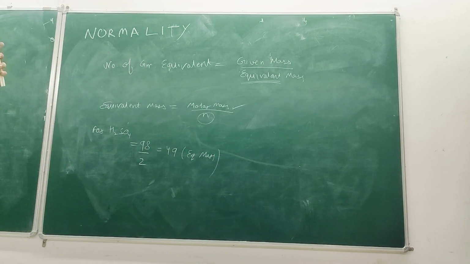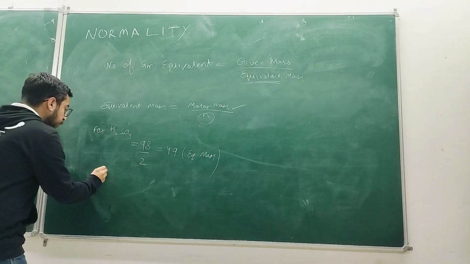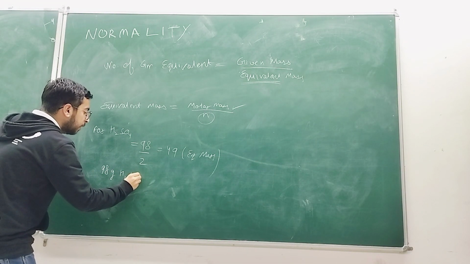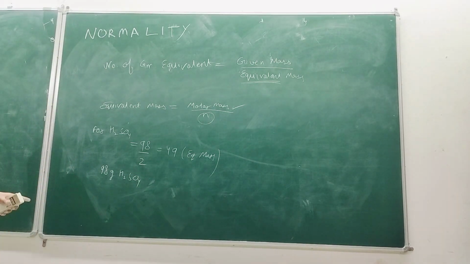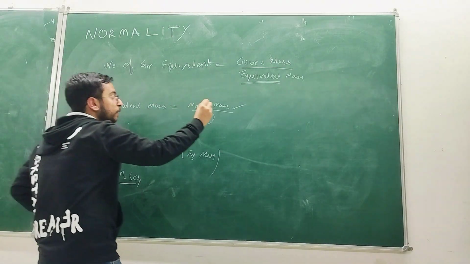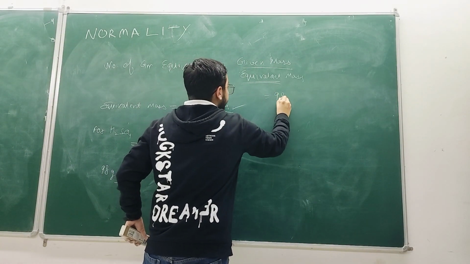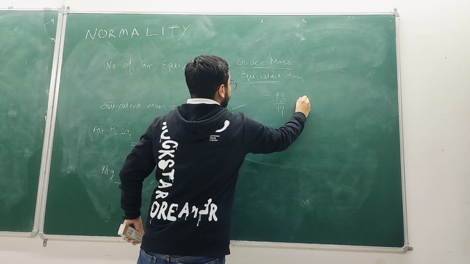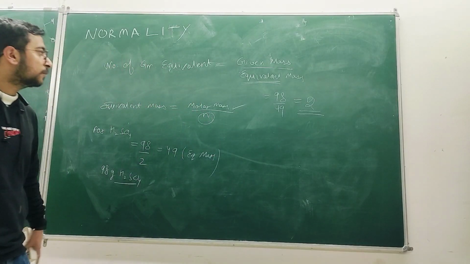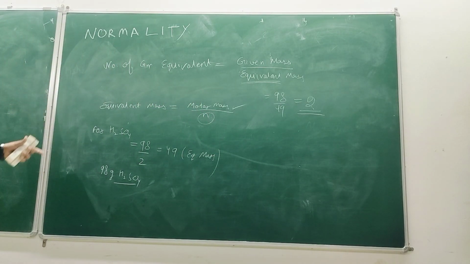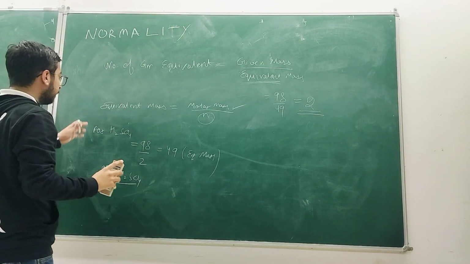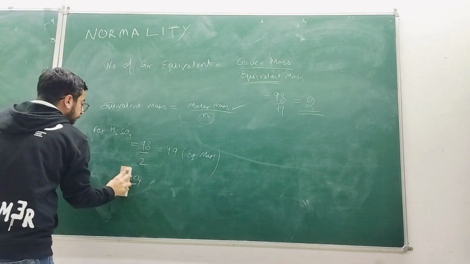Now if I give you 98 gram H2SO4, you have to find number of gram equivalent. It will be given mass 98 divided by equivalent mass 49, so number of gram equivalents will be 2 for 98 gram. Similarly for 49 gram it would be 1. In this way you can find number of gram equivalents.